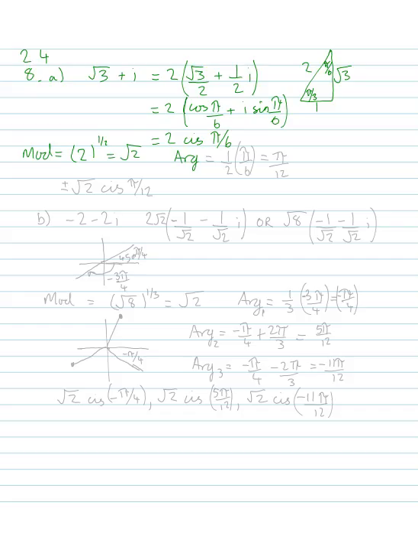So the argument is equal to half of pi on 6, which is just pi on 12. And so one of the roots for this is going to be root 2 cis pi on 12.